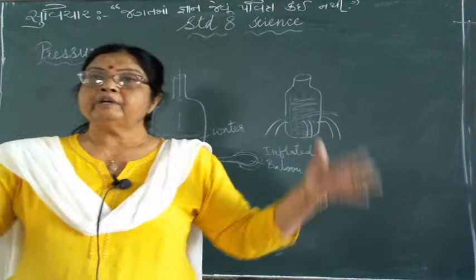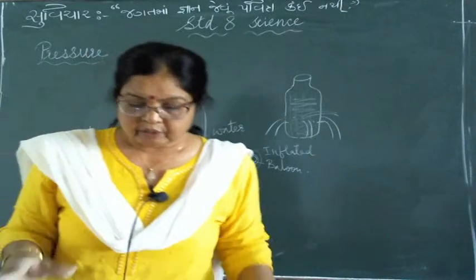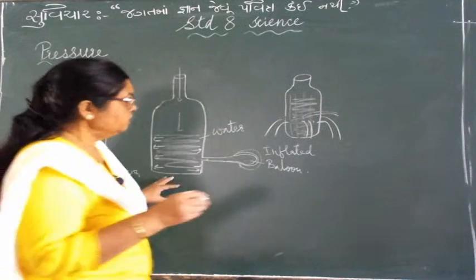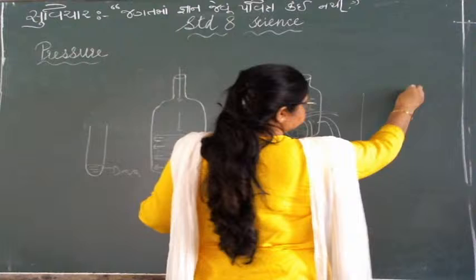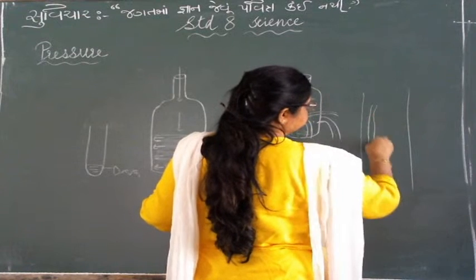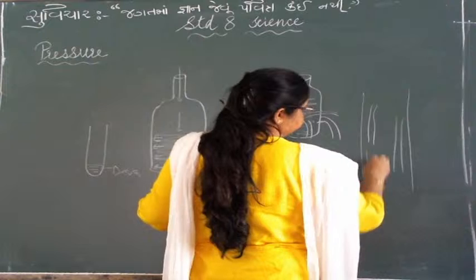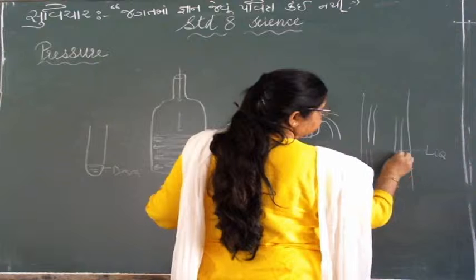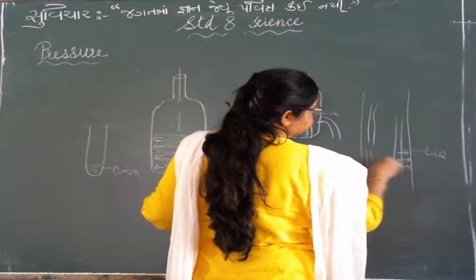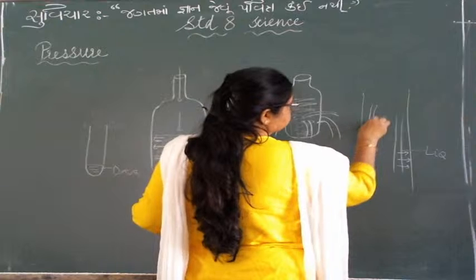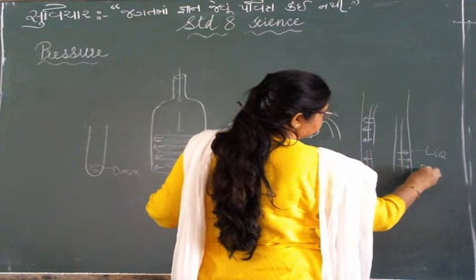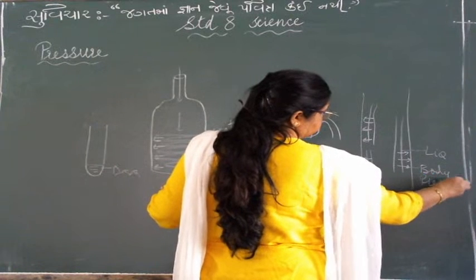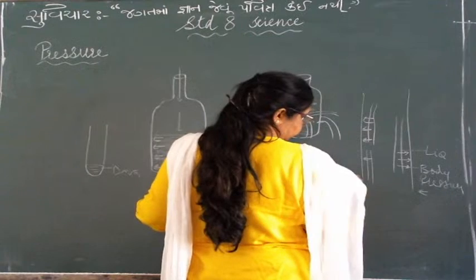Then why is our head not crushed? Just because the body tissues have so many arteries and veins with liquid in them, and this exerts pressure outwards, the body pressure, and this is atmospheric pressure inside.